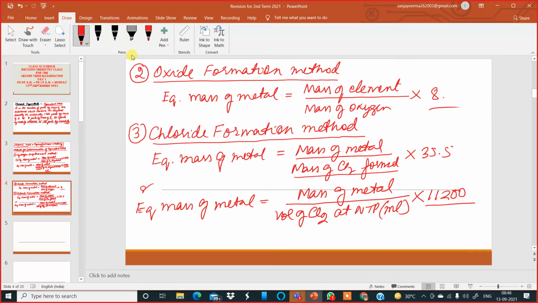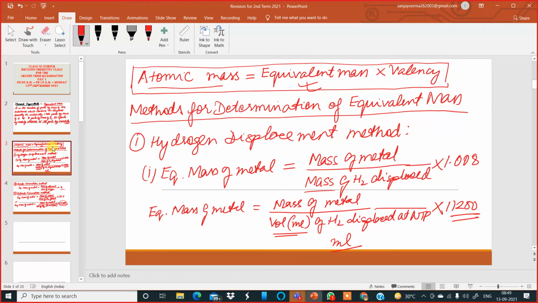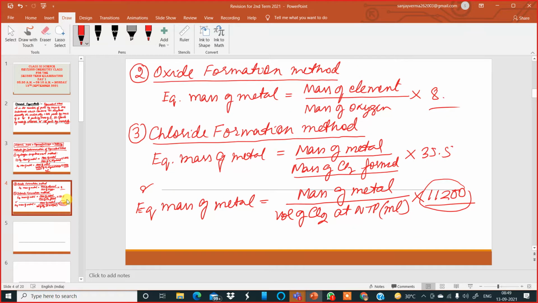Since these gases are all diatomic, we are using 11,200, because equivalent mass is equal to atomic mass divided by valency. So that was the third method of determination of equivalent mass, which is called the chloride formation method.